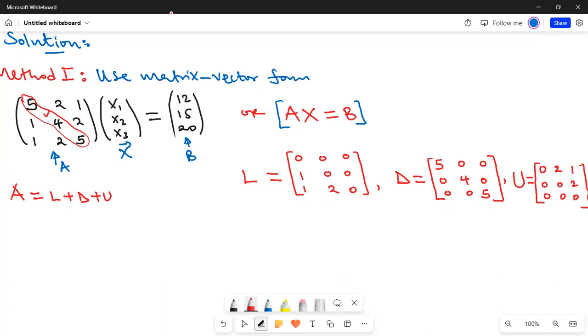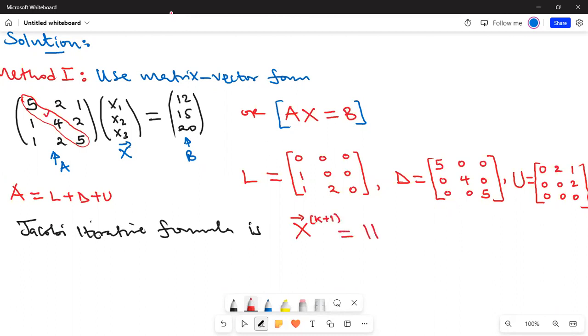You can write the Jacobi iterative formula as: the vector x at level k plus 1 is equal to H times the vector x at level k plus a constant vector C.